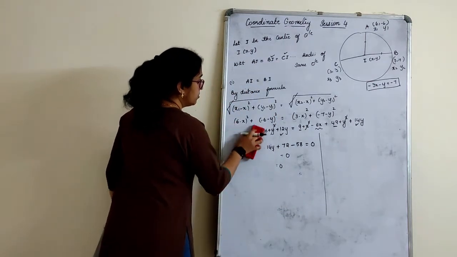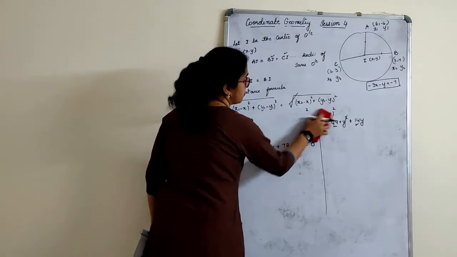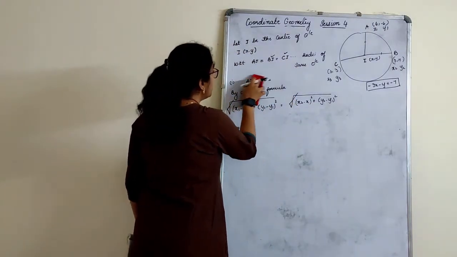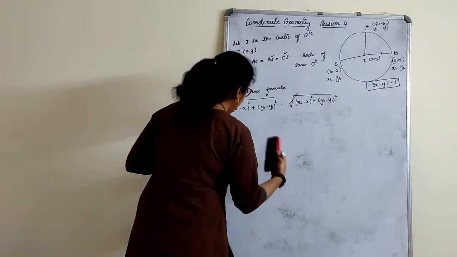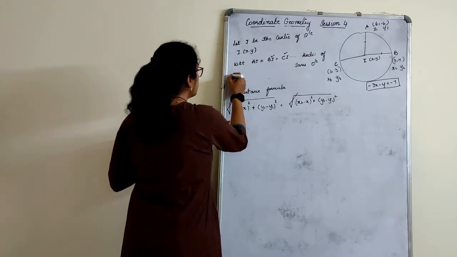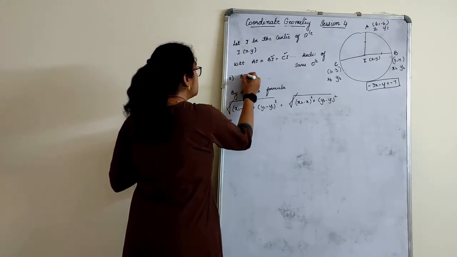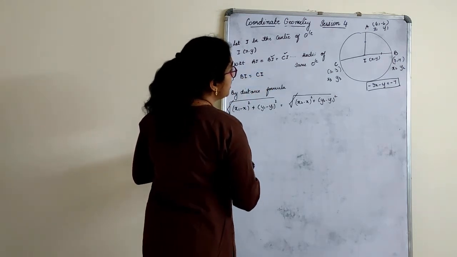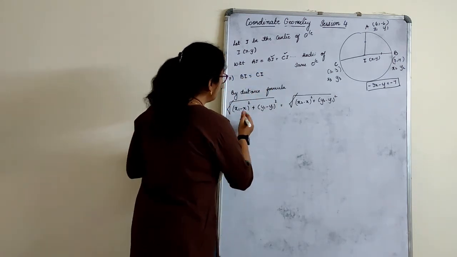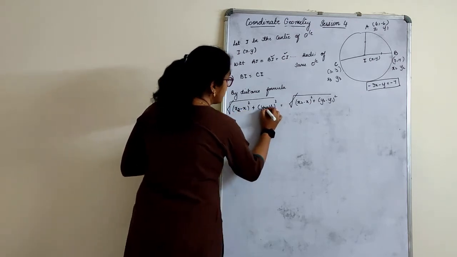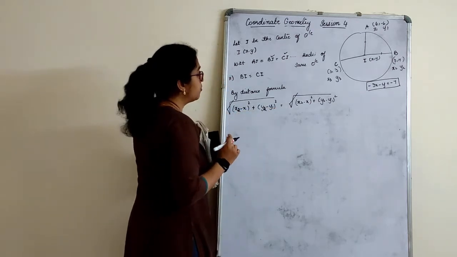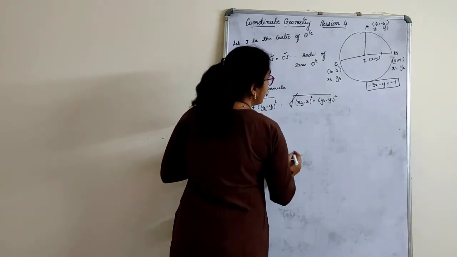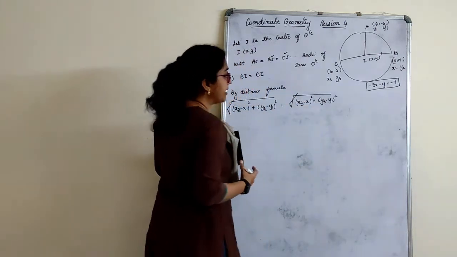So, for the second part of my distance formula, I will now use BI is equal to CI by the distance formula. So BI, when I talk about it, is x2 minus x and y2 minus y1. CI, when I talk about it, is x3 minus x and y3 minus y1.